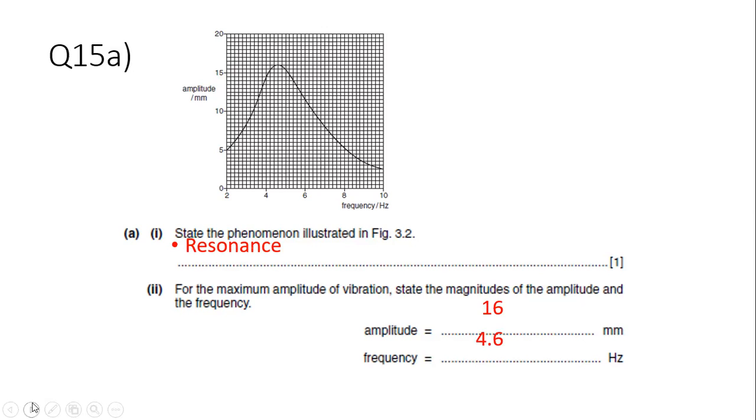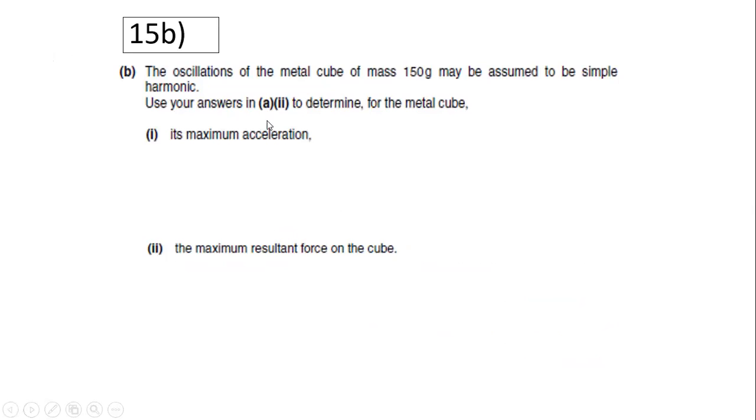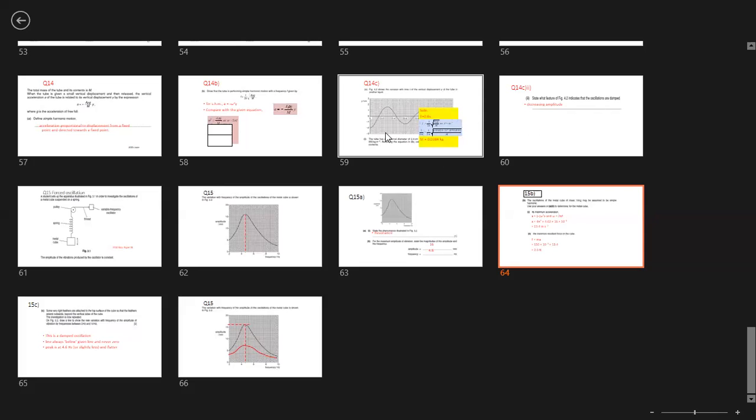You read the amplitude, you read the frequency. So how to calculate the maximum acceleration? Any idea? Nothing in your head because you don't revise. You better do something about it. As I say, it's a waste of money to employ me to teach you.